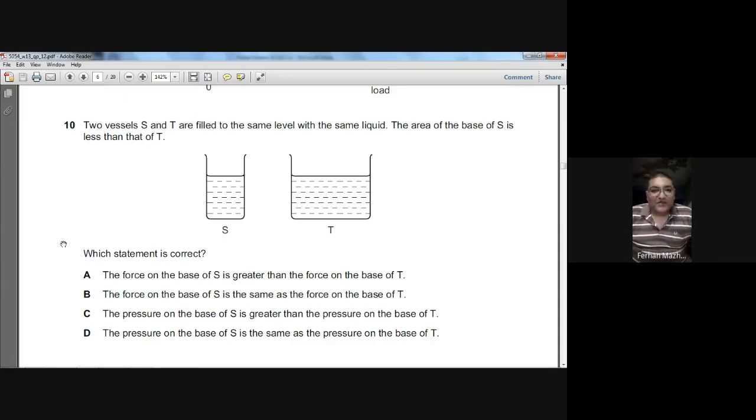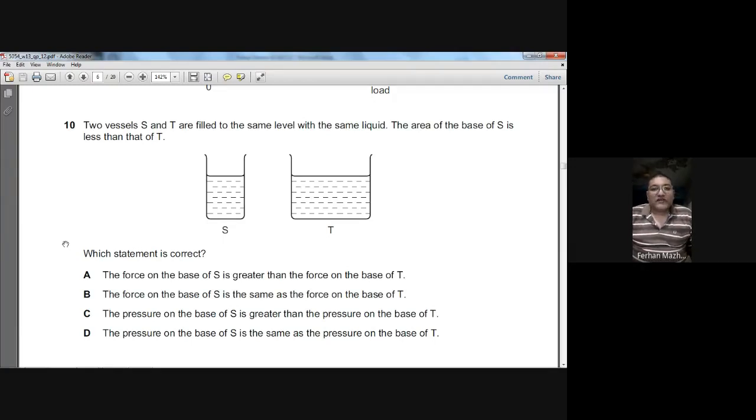It does not depend upon the shape of the vessel. The pressure of the liquid only depends upon three things: the vertical height of the liquid column, the density of the liquid, and the gravitational field strength at that location.